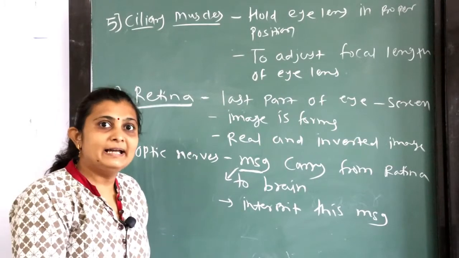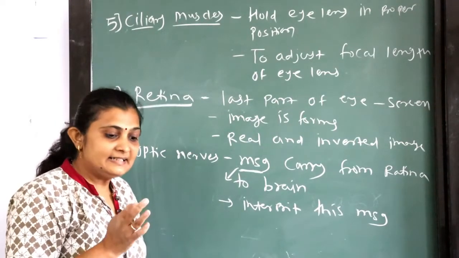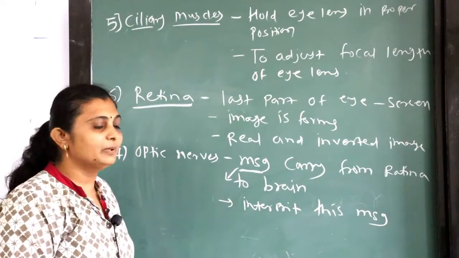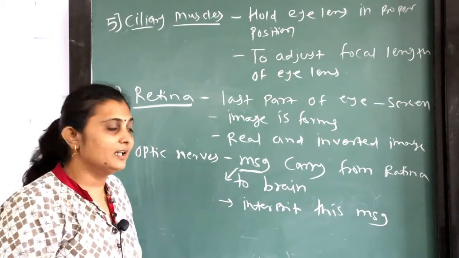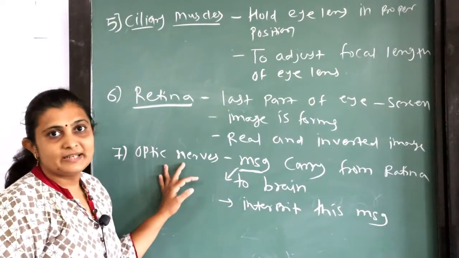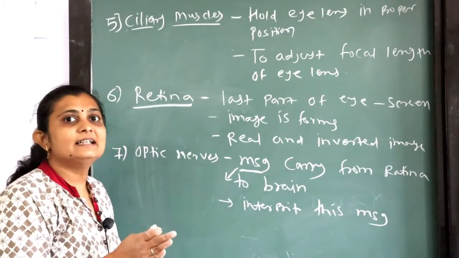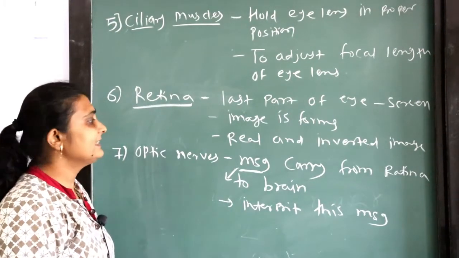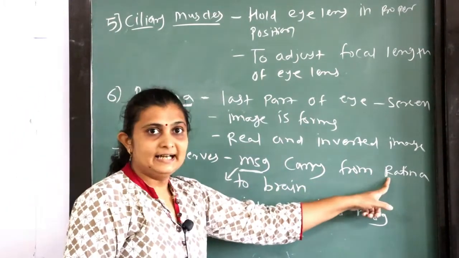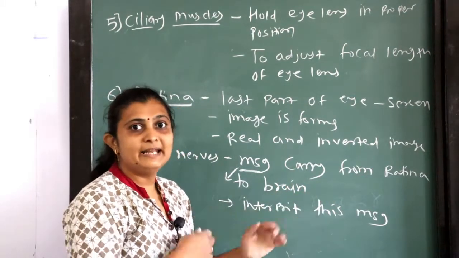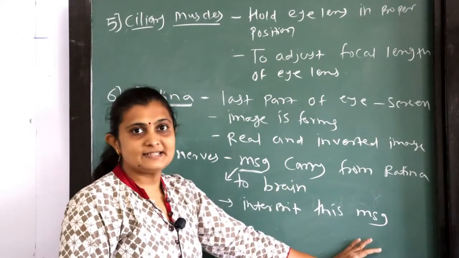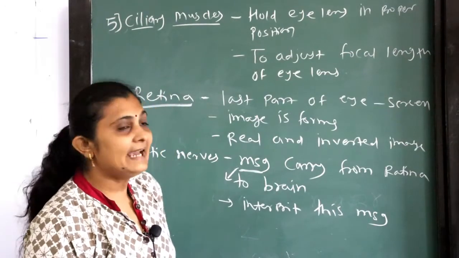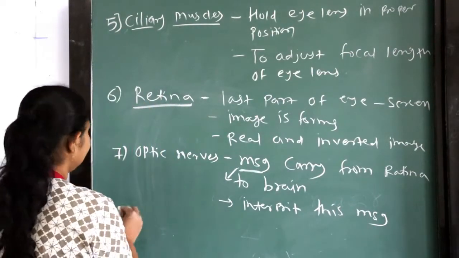Suppose you see a mobile, then the brain understands this is a mobile, human, birds, different types of colors. These are the optic nerves. An electrical signal is generated and that signal is carried from the retina to the brain and the brain interprets all these messages. Next topic is aqueous humor.